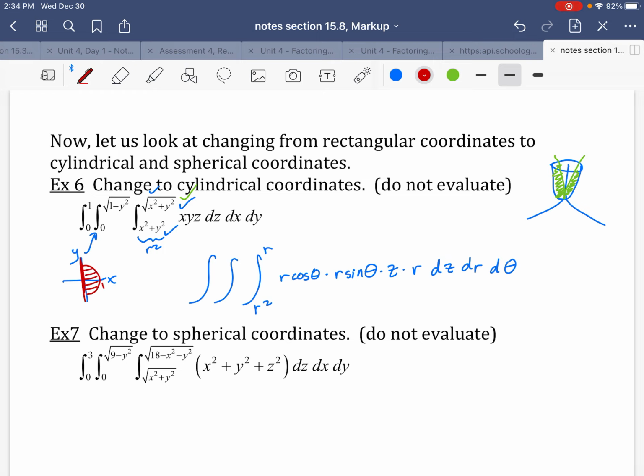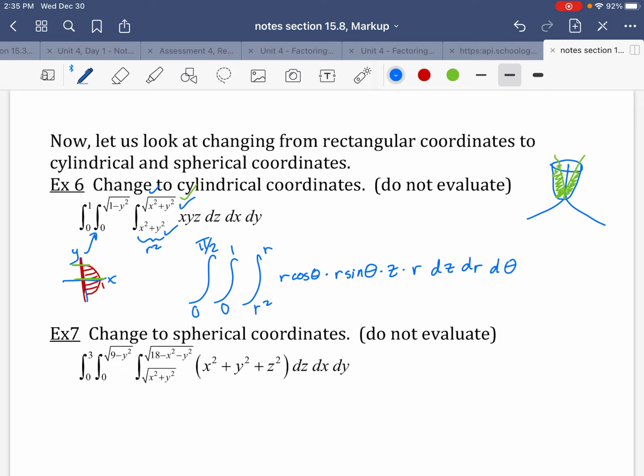So I'm going to stay within the boundaries of a circle with radius 1, so r is 0 to 1. And then it says to do y from 0 to 1. That further tells me I'm going from here to here, so I'm only doing the first quadrant. So my theta is going to be from 0 to pi over 2. All right, that took a little while to remember all that.